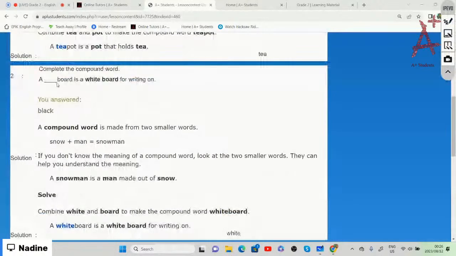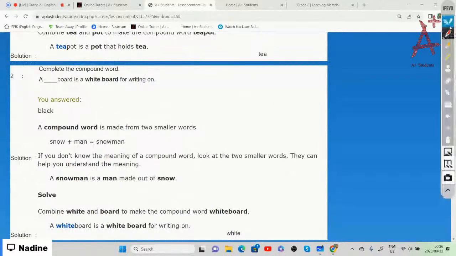A whiteboard is a board for writing. So basically, it is a board that is used for writing on, right?